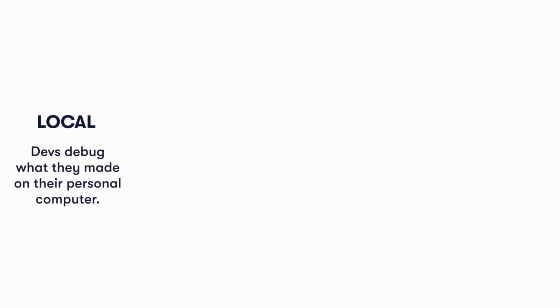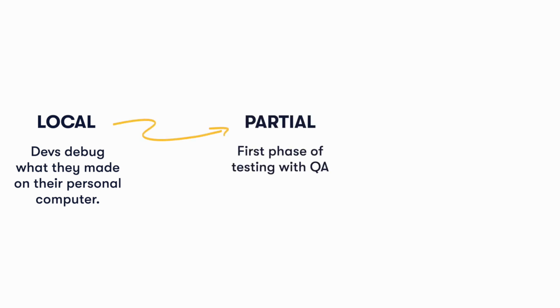I can give you some idea of how we are doing the development. Basically, in the first phase, we do local debugging. As a developer, we just debug through what we develop, right? Make sure it's working locally. Then we push to what we call our partial environment, which is the first phase of testing.